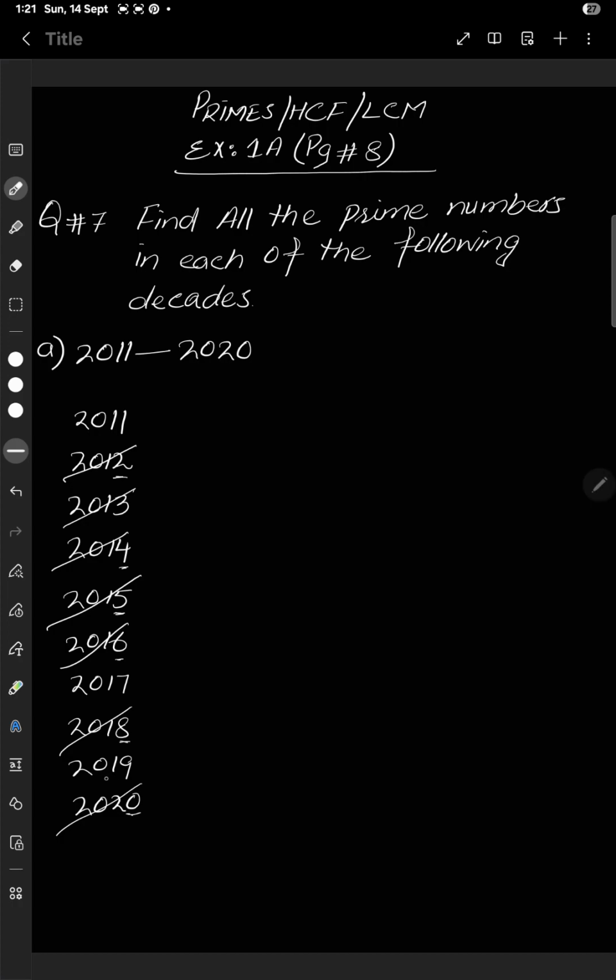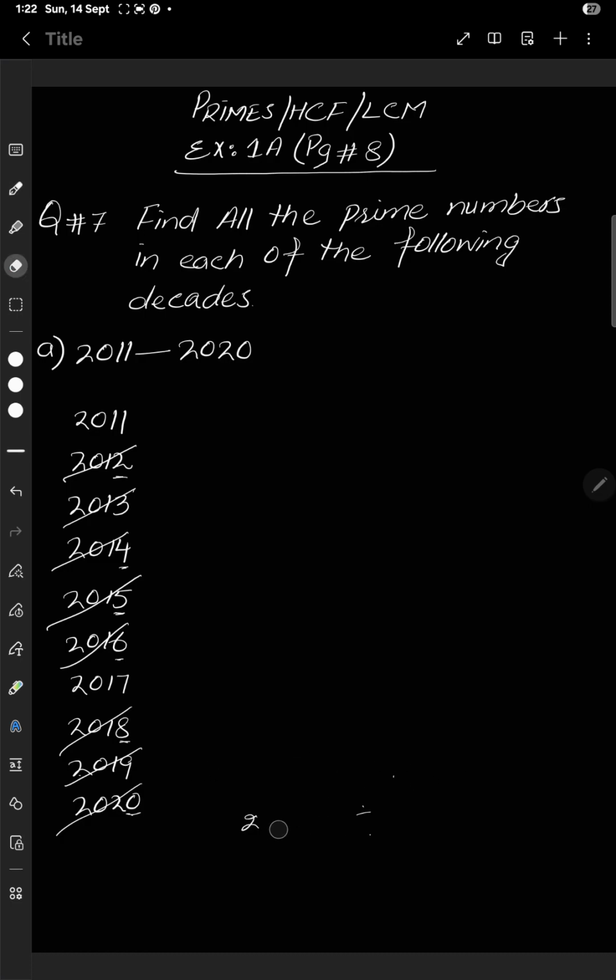Let's check for 2019. 2 plus 0 plus 1 plus 9 will be equal to 12. Yes, 12 is divisible by 3. So this means 2019 will also be divisible by 3, so it cannot be a prime number.